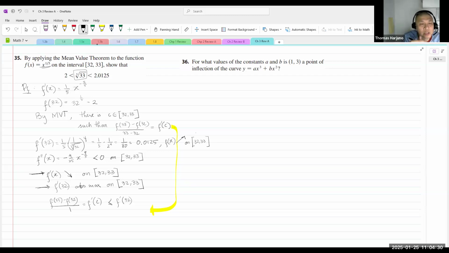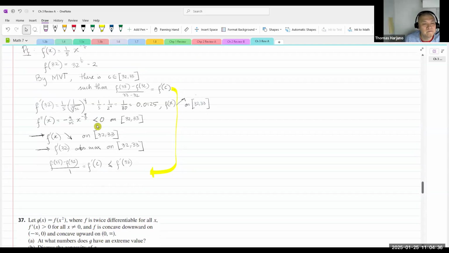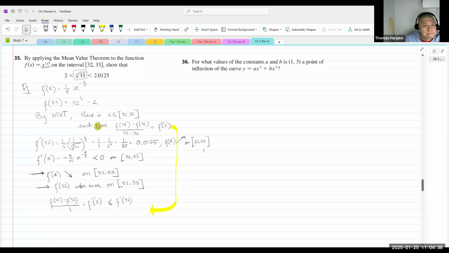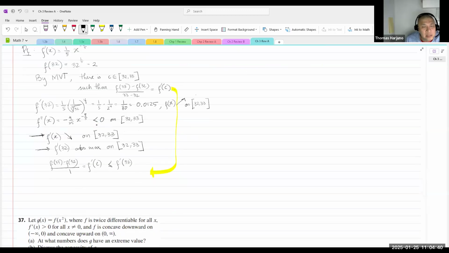The slope is positive, so the function is increasing, but the slope at the same time is decreasing. But because the function is increasing, then f(33) must be greater than f(32). Agree?